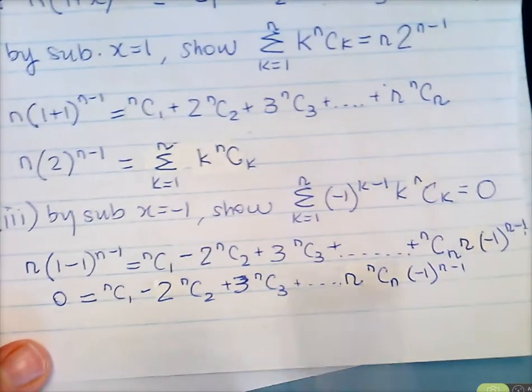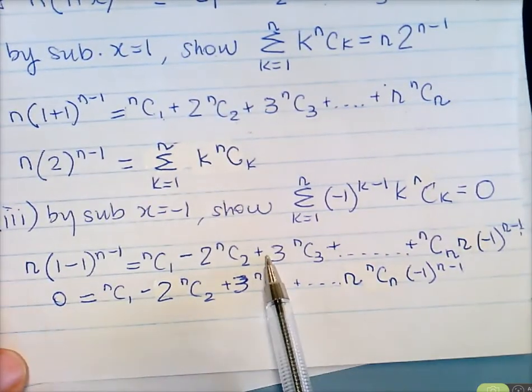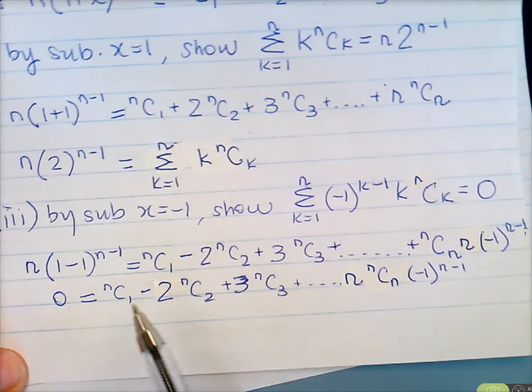I'm putting that n in front because those numbers are in front of all the others, like the 2 and the 3.